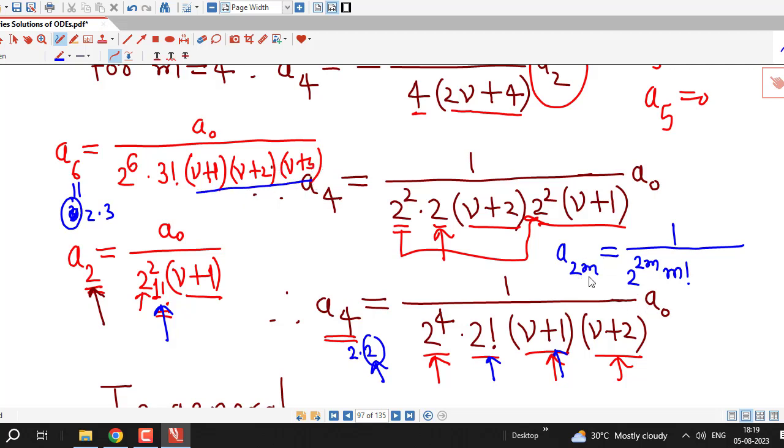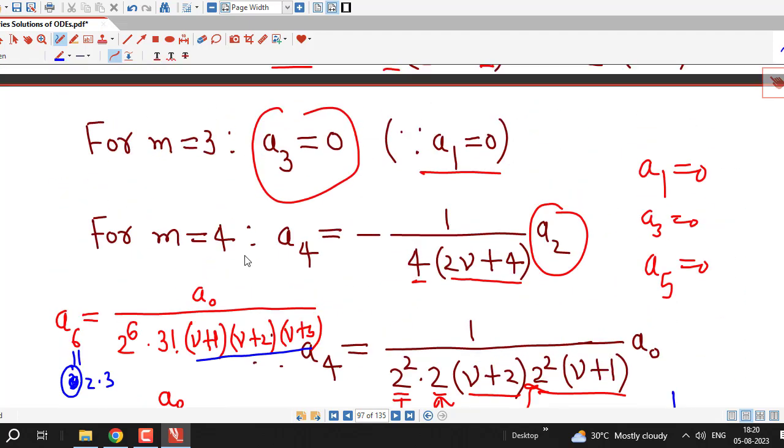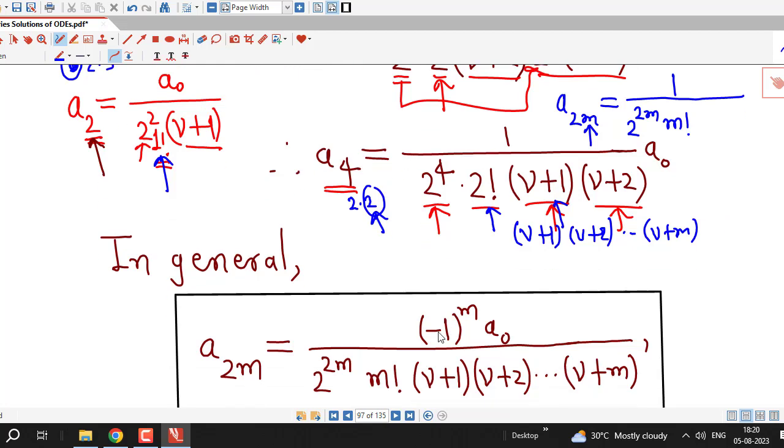So if I have A2M, then multiple of 2 is M. So this product will go up to nu plus M, nu plus 1, nu plus 2 and so on up to nu plus M. And M will start from 1, 2, 3 and so on. So here alternately positive and negative sign is there. Therefore we have to multiply by minus 1 to the power M.